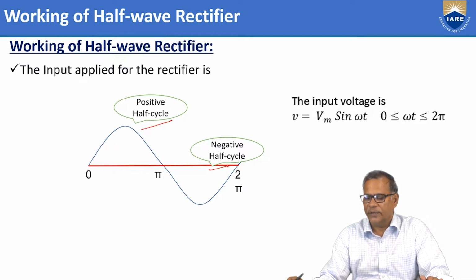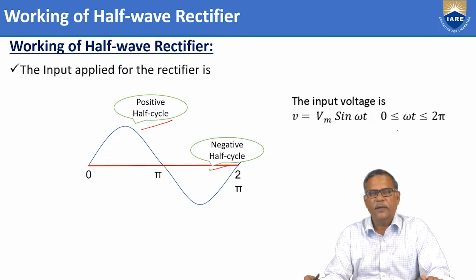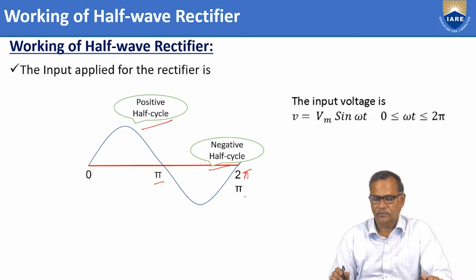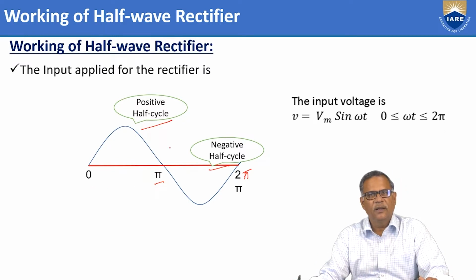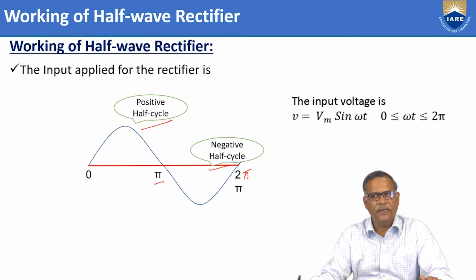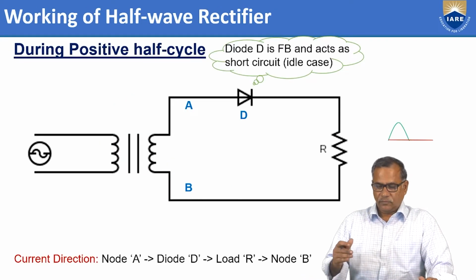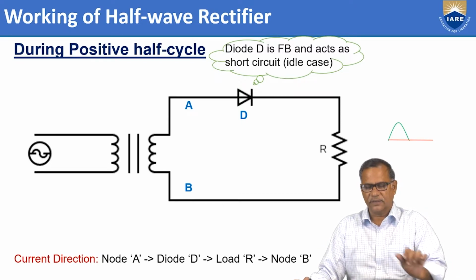The input voltage is V equals Vm sine omega t, where omega t lies between 0 and 2 pi. From 0 to pi it is a positive half cycle, and from pi to 2 pi it is a negative half cycle.